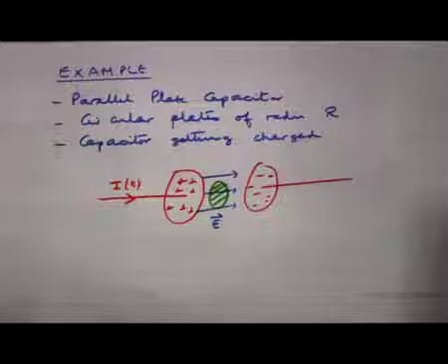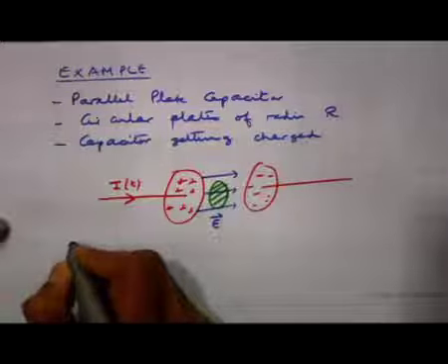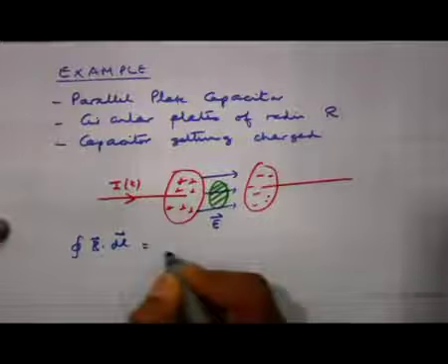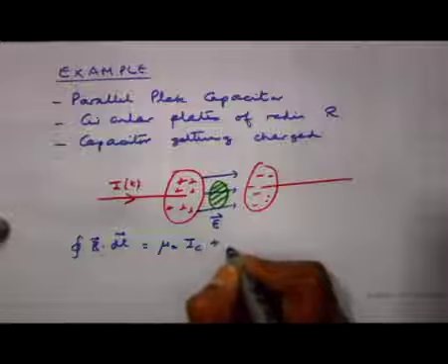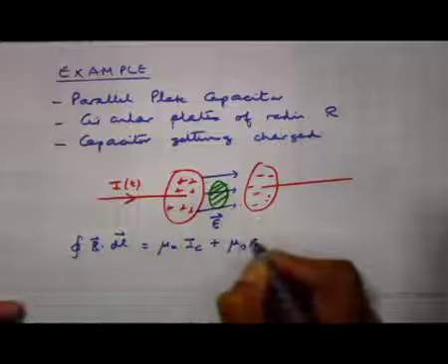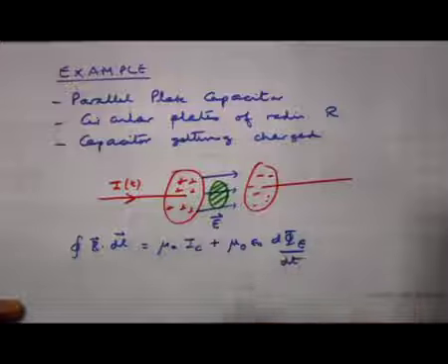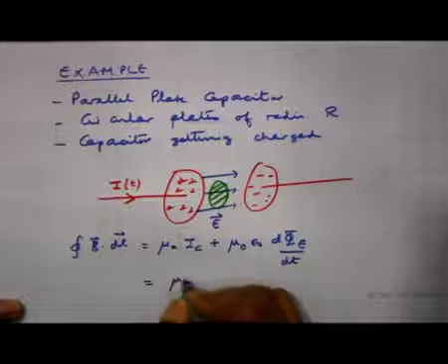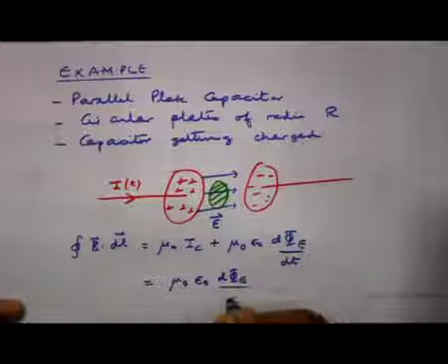So, let me try to calculate the magnetic field between the plates of a capacitor generated by the changing electric field. If I take this loop here, and if I apply this equation, integral B dot dl is equal to the general equation, mu 0 times I c plus mu 0 epsilon 0 d phi E by dt. Now, for this surface there is no conduction current. So, this becomes equal to mu naught epsilon 0 d phi E by dt.